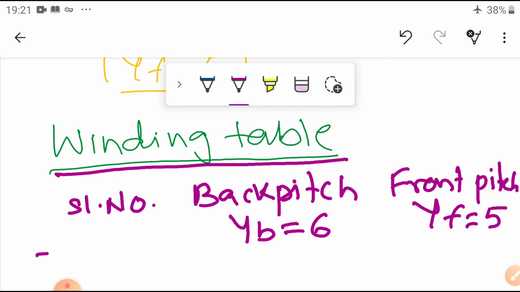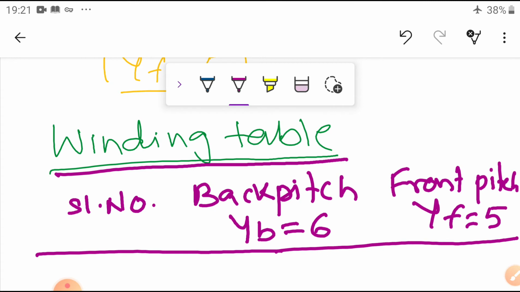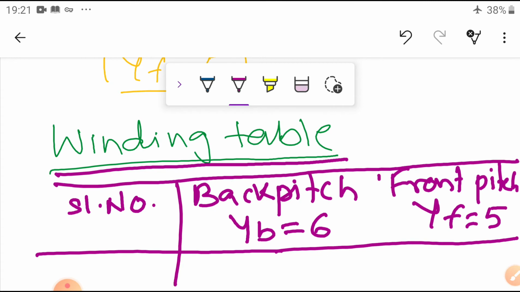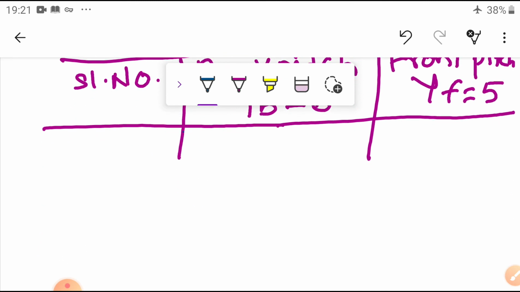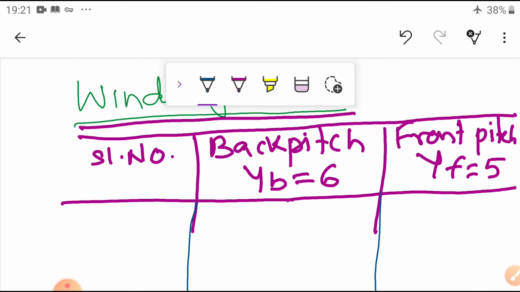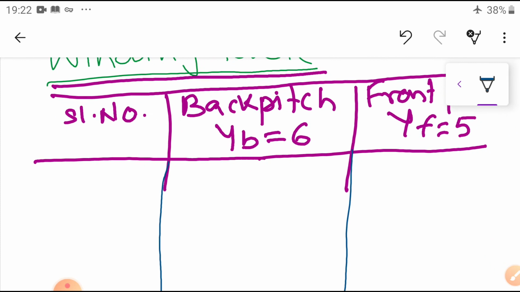Okay, make the table. So let us see here the back pitch and front pitch.